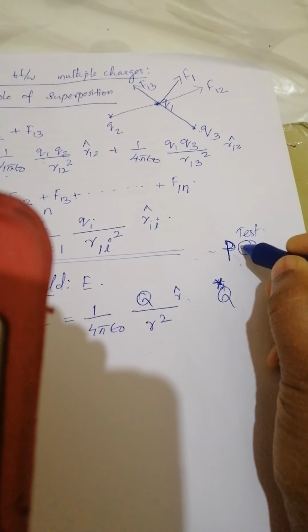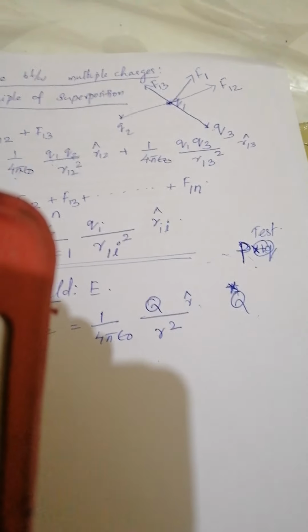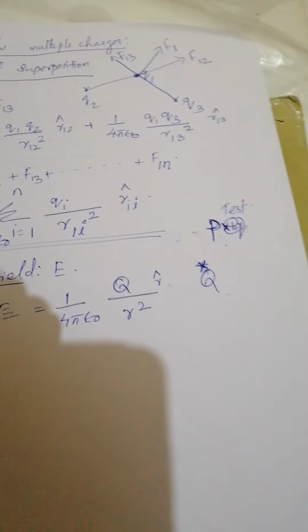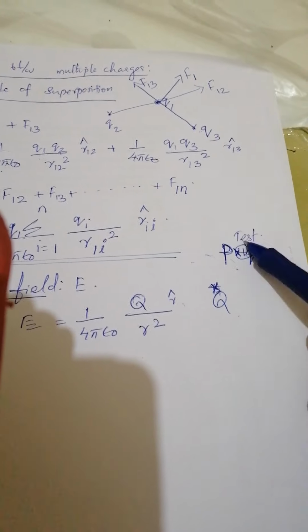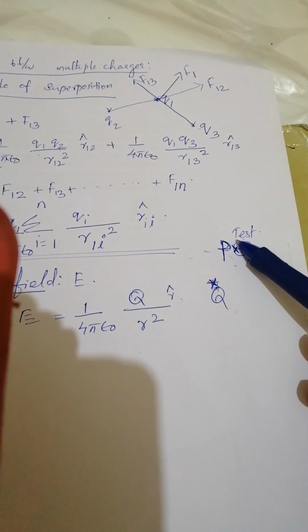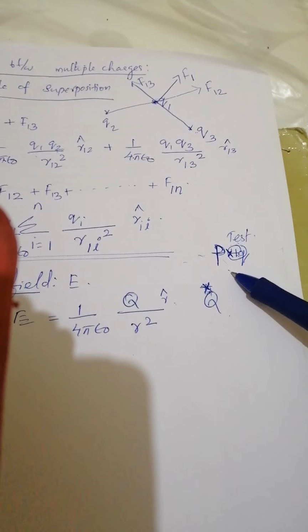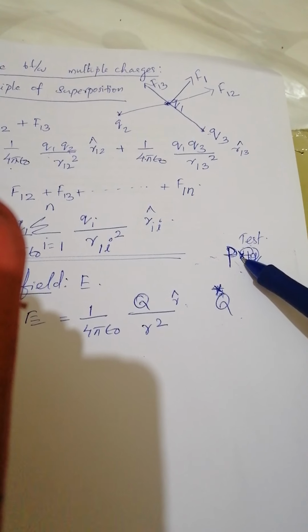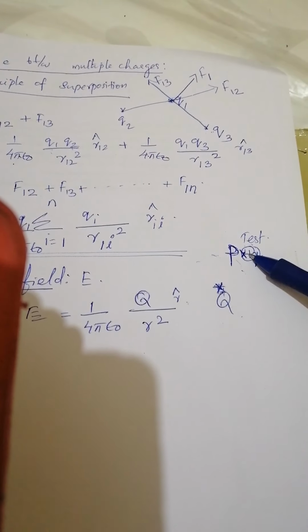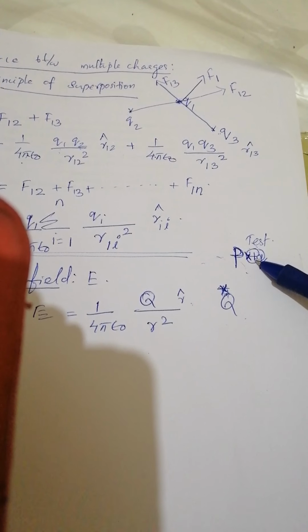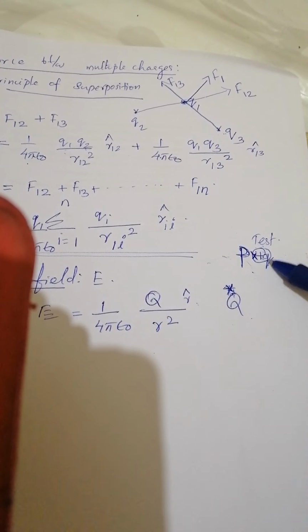Electric field at this point P, electric field due to a charge Q at a point in space, may be defined as the force that a positive test charge would experience if it is placed at this point.